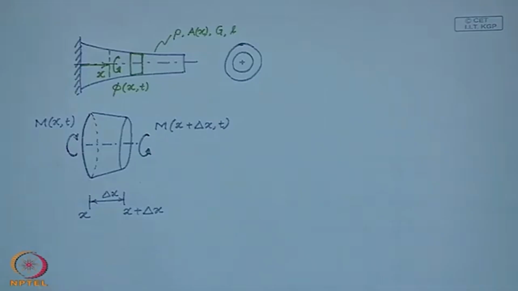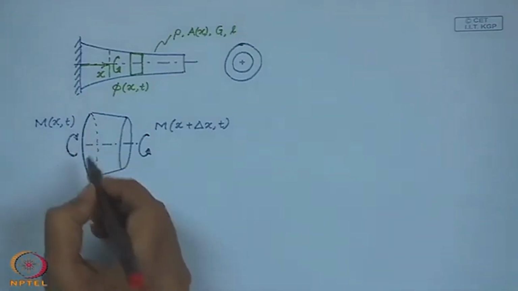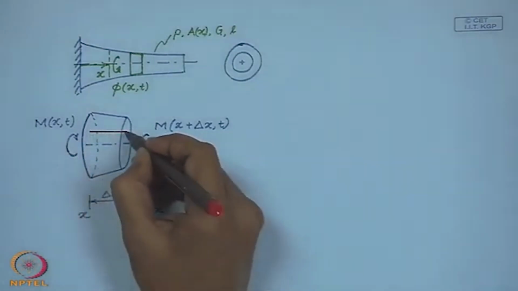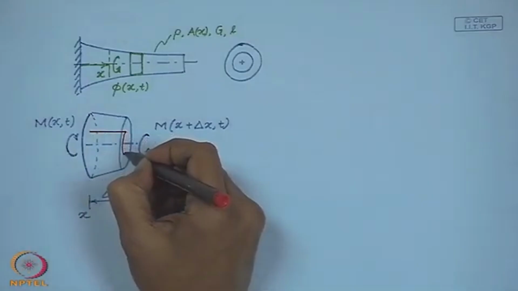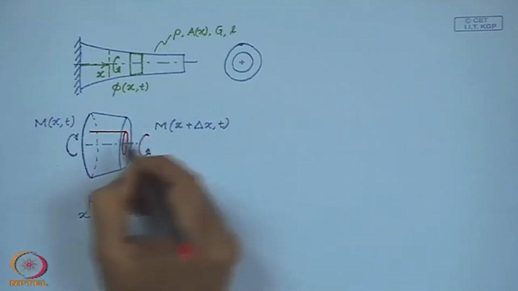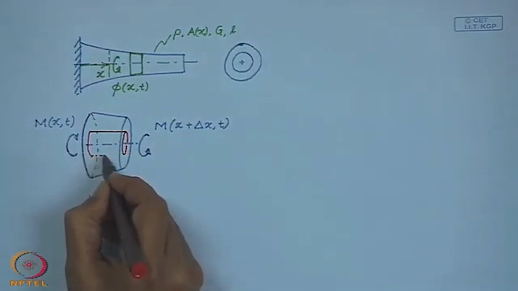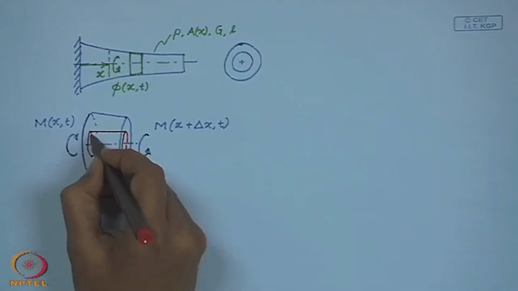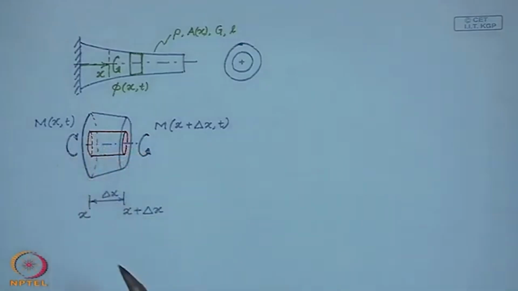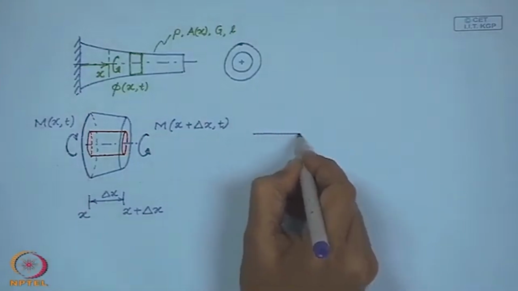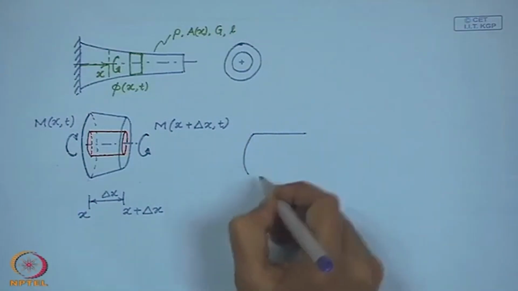Now, inside this little element, we are going to consider a ring of certain radius r. So, I will draw this ring separately.